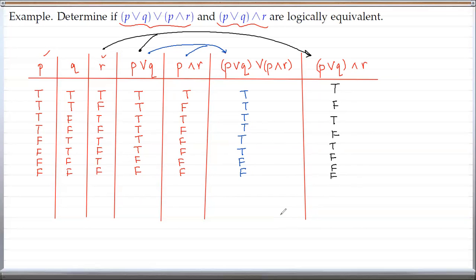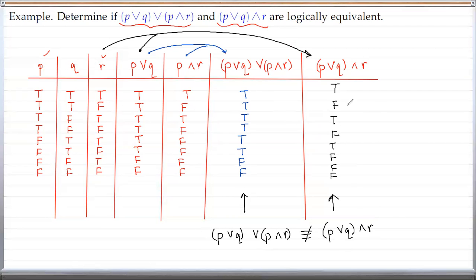False and false. So now finally we compare these two columns, because those two expressions are the ones we want to test if they are logically equivalent. So comparing these, we can say that the first expression is not logically equivalent to the second one because the truth values are not identical.